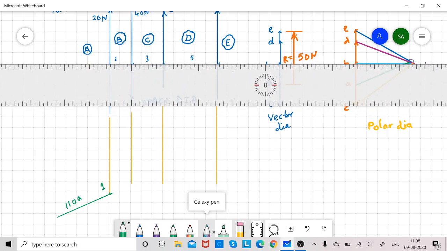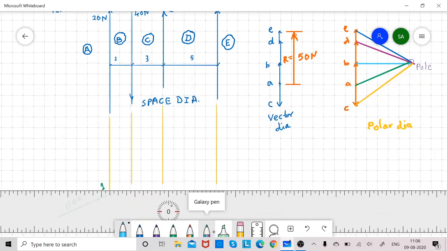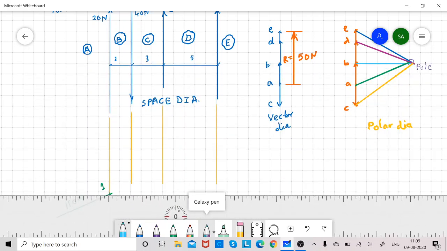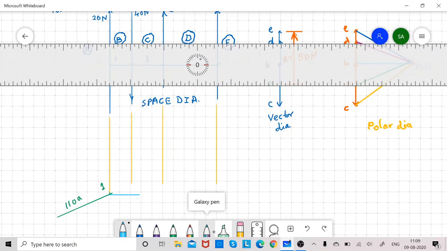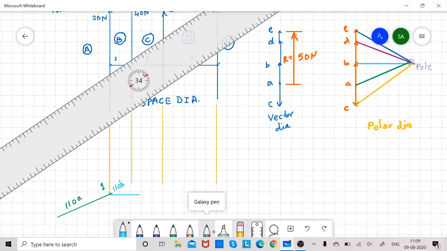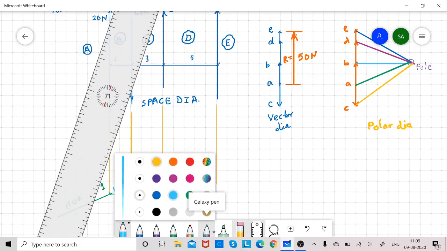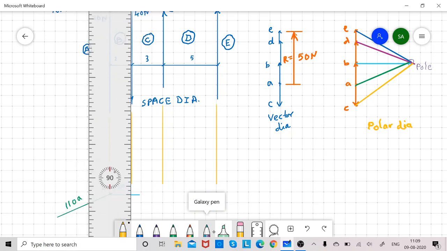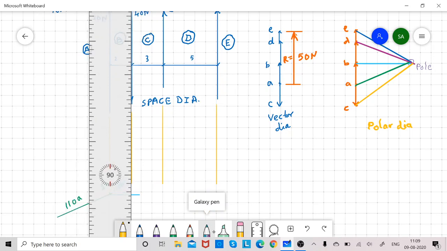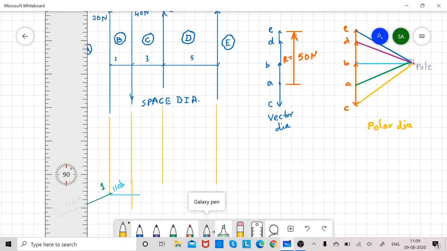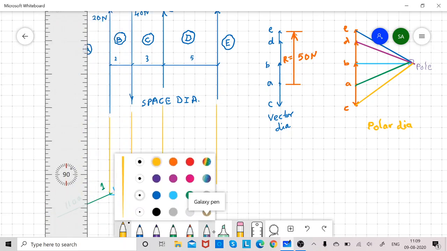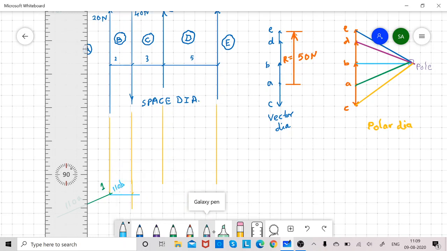I'm drawing a line parallel to OB, just a horizontal line, from this point to cut the second force in point number 2.